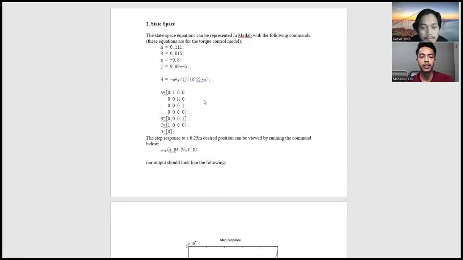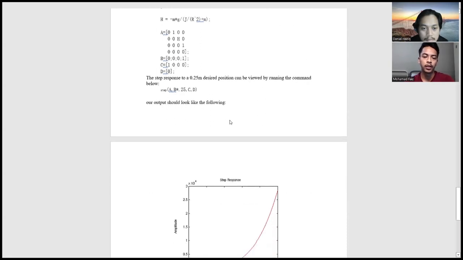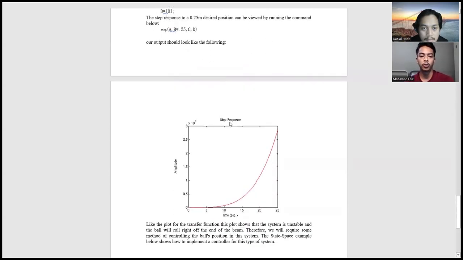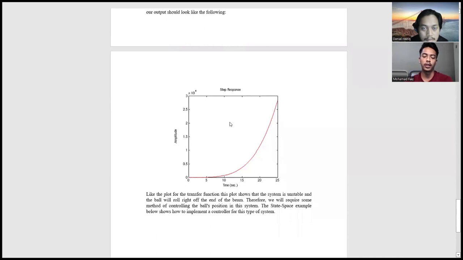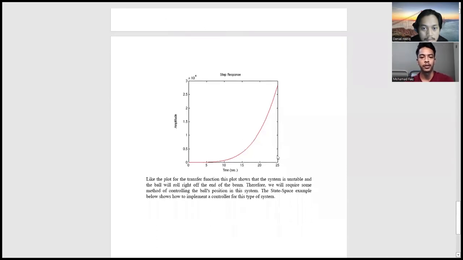And the step response to a 0.25 meter desired position can be viewed by running the command below, which is step(A, B times 0.25, C, D). And our output should look like this graph.